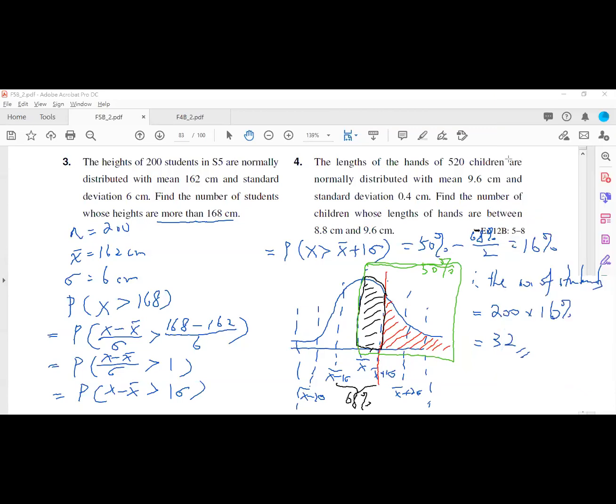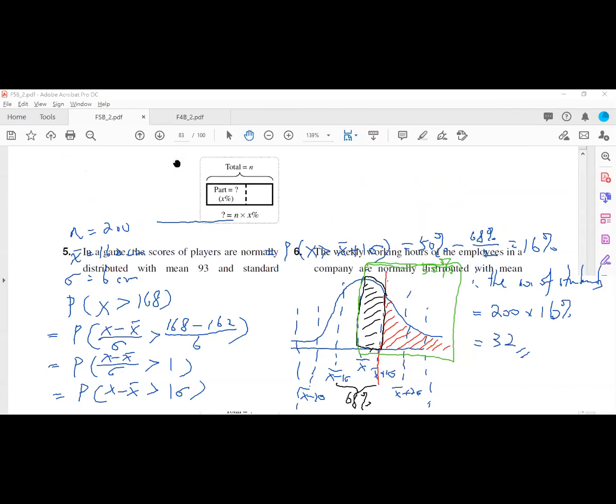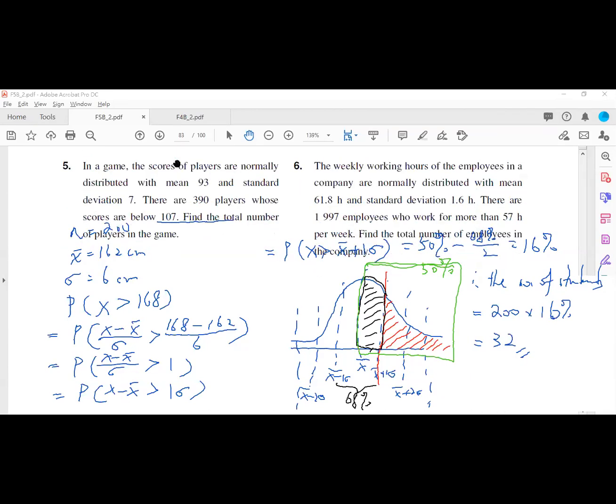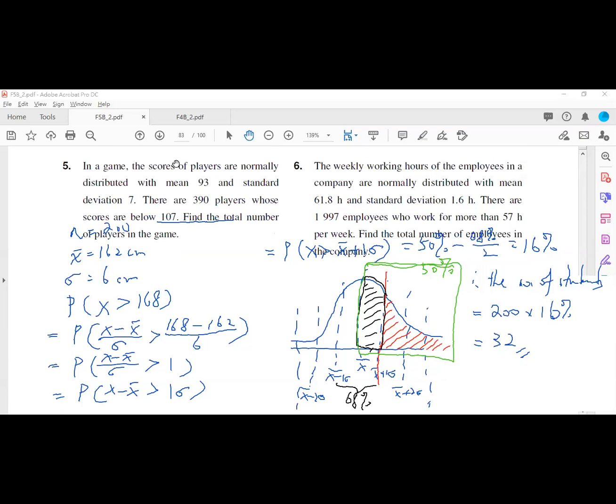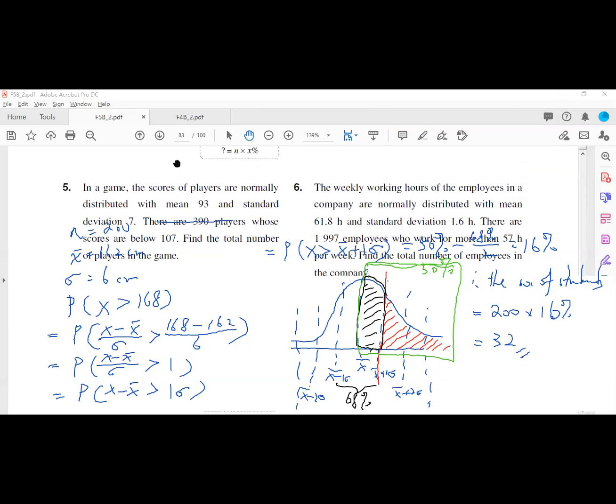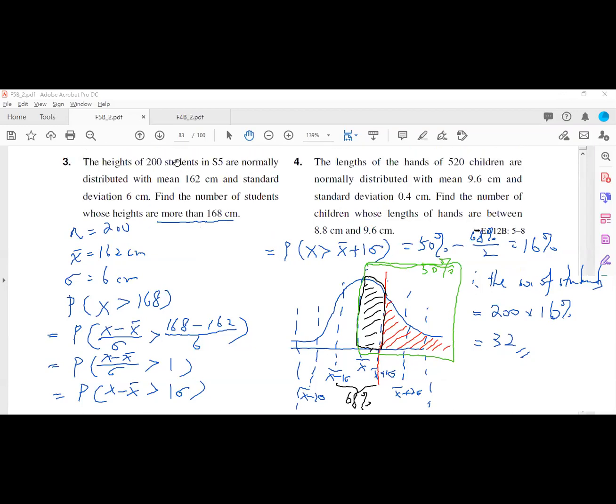Can you try to do question number 4, number 5, and number 6 now, and then submit to the MathApp web system. This time I would like to give you 10 minutes, or maybe 12 minutes to do number 4, number 5, and number 6.